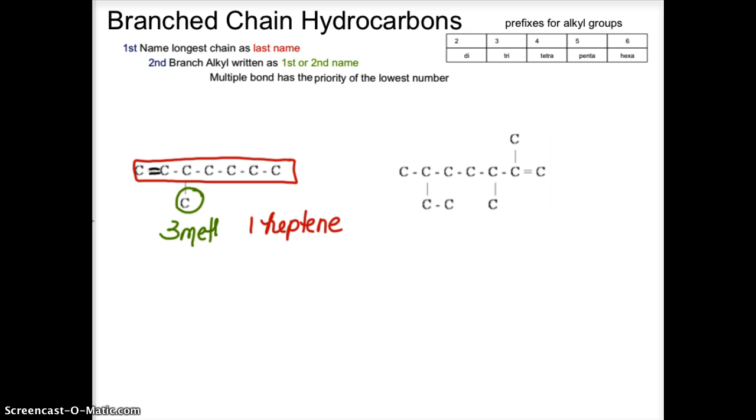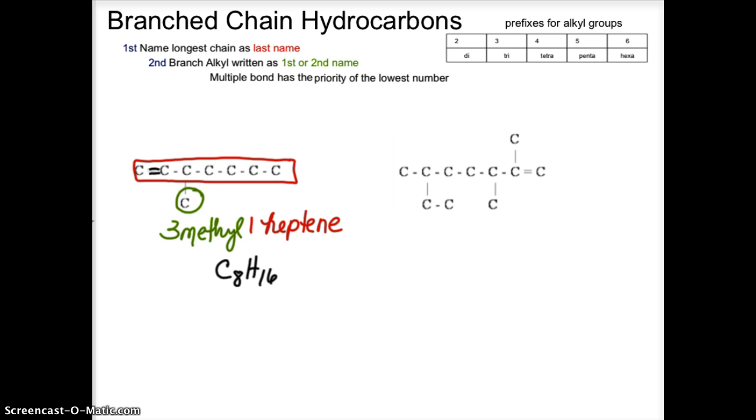So it's called 3-methyl-1-heptene. The molecular formula for this molecule, since it is a double bond, an alkene, would be C8H16. That is the molecular formula for 3-methyl-1-heptene.